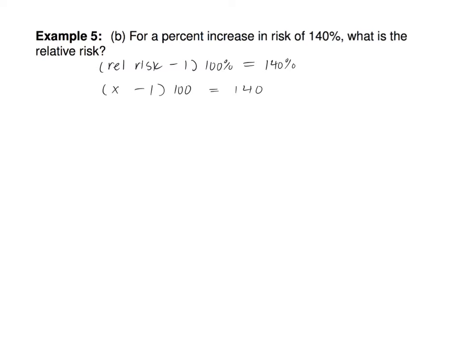Then you have to go back to algebra 1 and solve. So 100x minus 100 equals 140. 100x is equal to 240, and x is equal to 240 divided by 100, which is 2.4. So if your percent increase was 140%, the relative risk was 2.4.